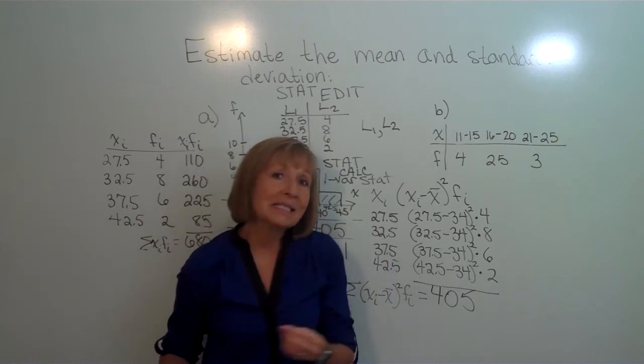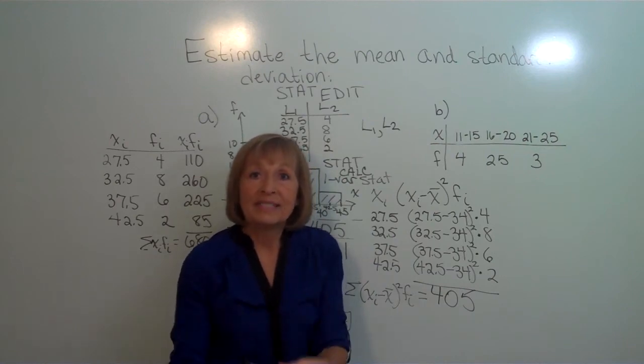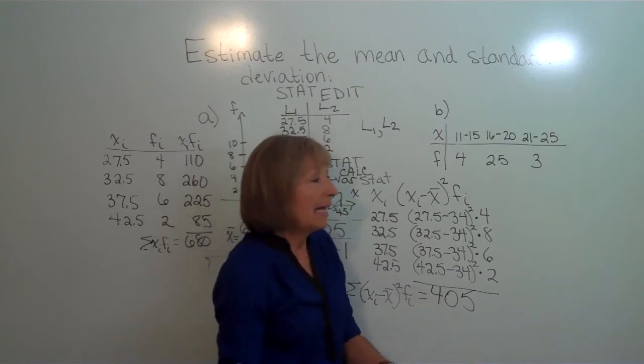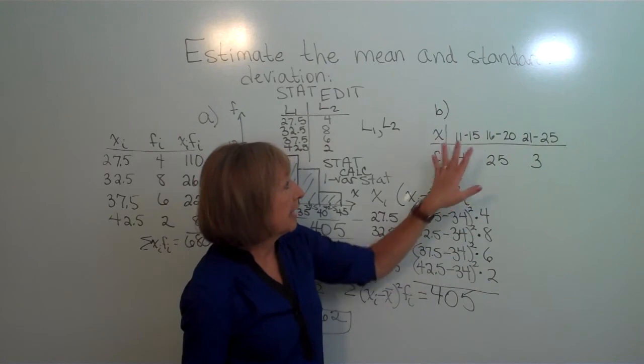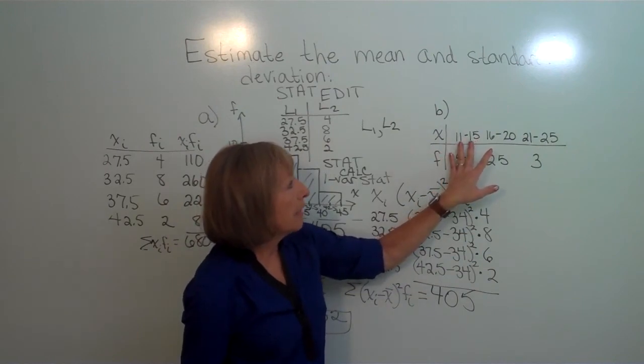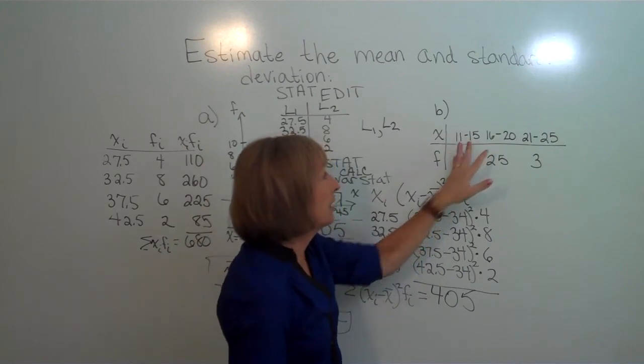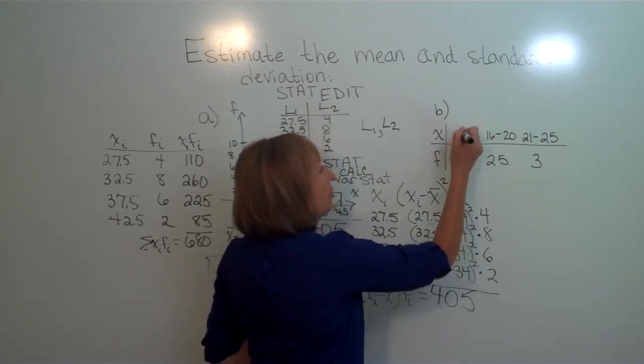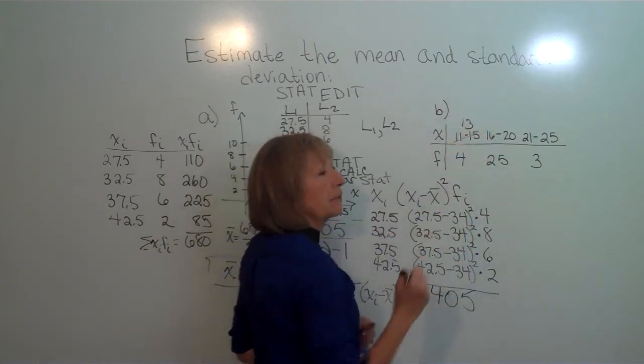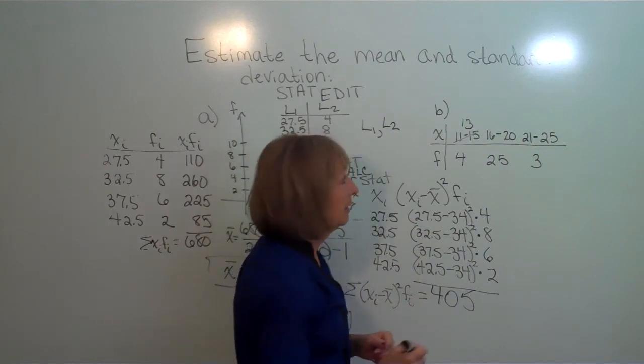Again, if they're giving me a span of numbers, I have to have a representative for that span. And we use the midpoint for the representative. So 11 plus 15 is 26, and 26 divided by 2 is 13. So I'm actually going to use the number 13 as the representative for that first group.